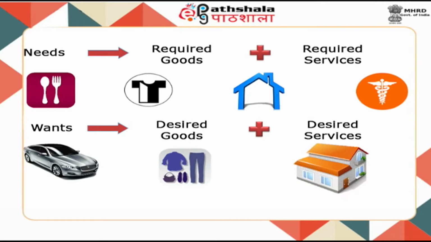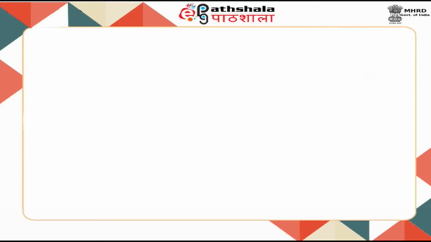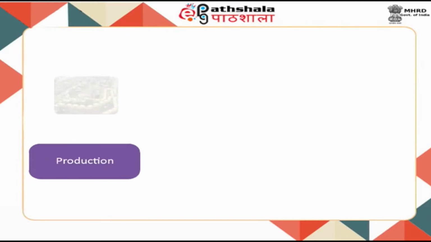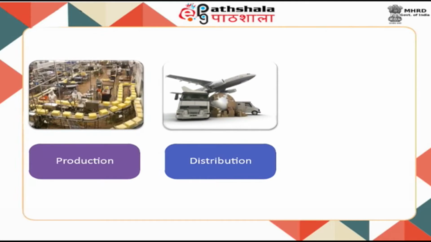An important decision involved in economics is the allocation of resources for the production of goods so that people's needs are met, given the scarce resources. The process of satisfying needs and wants involves three steps, that is, production, distribution, and consumption.